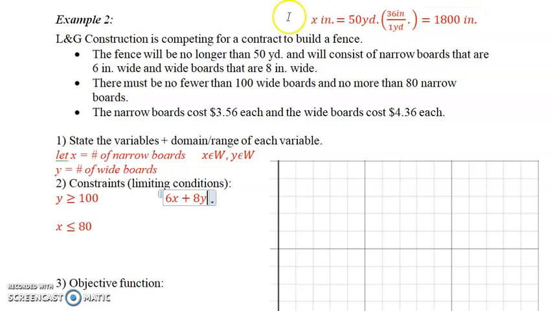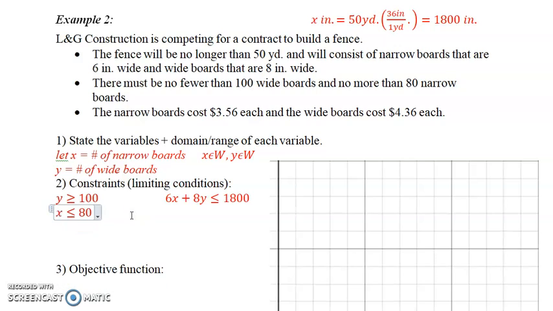If we want the fence to be no longer than 1,800, it's going to be less than or equal to 1,800. So there are your three constraints, or your three linear inequalities.